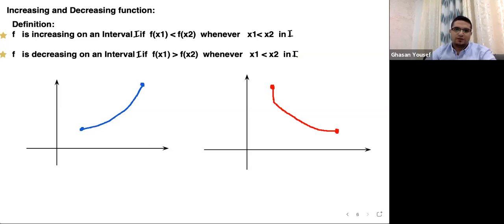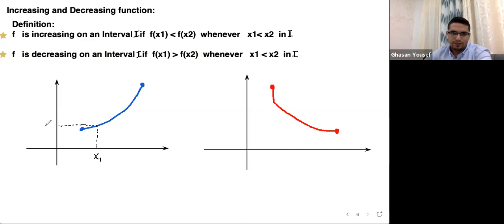So how do we know the first one is increasing and the second one is decreasing? By using the definition. Suppose I want to take a point in the middle. Here is my x1, and it also has a y value.